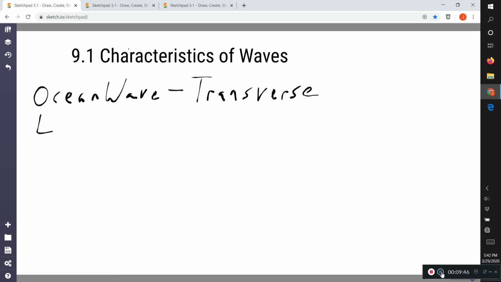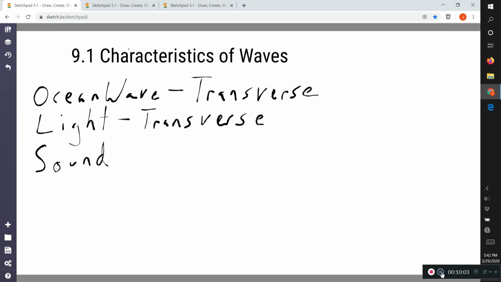Light we talked about as a wave, and light is actually part of a bigger group called electromagnetic waves, and those are transverse as well. Sound waves are mechanical waves, and they would also be longitudinal.